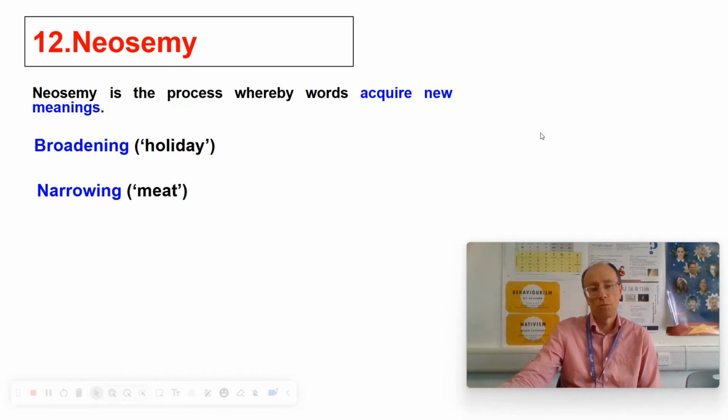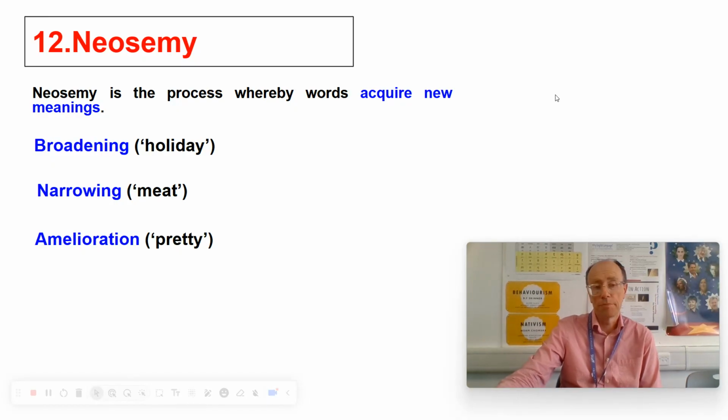Narrowing. So once upon a time, meat was an all-purpose word that meant any kind of food. Pass me a banana, I need a bit of meat, you might say, and that word has narrowed to mean animal flesh. We have amelioration, where a word like pretty, which once meant sly or cunning, has taken on more positive meanings.